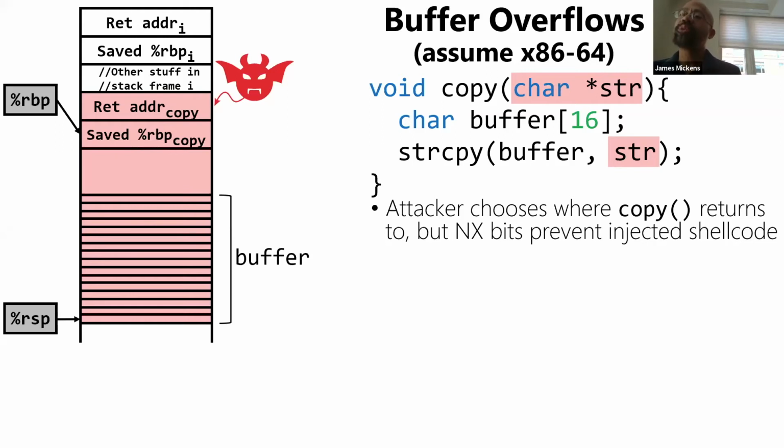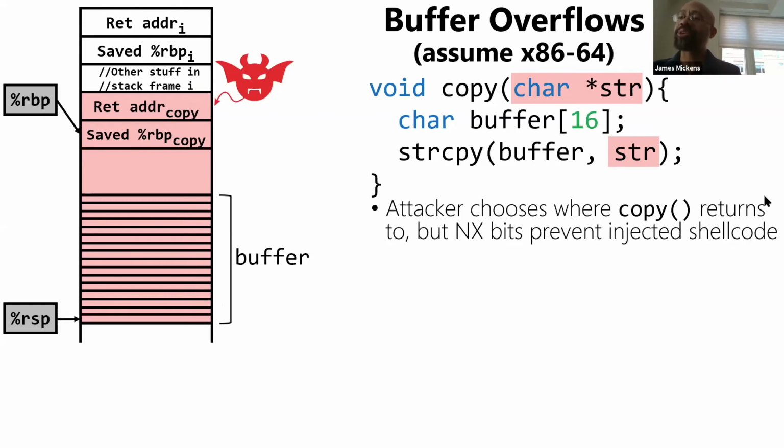Even though the attacker gets to choose where a copy returns to, the no execute bits prevent injected shellcode. If the attacker wanted to add shellcode here and then overwrite this return address with the beginning of the buffer, that's where NX bits would cause the fault. The OS would get involved and the OS could kill the program.